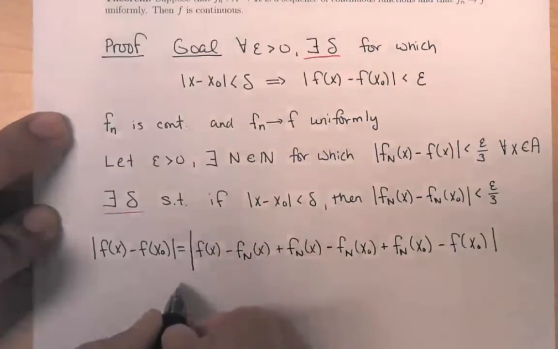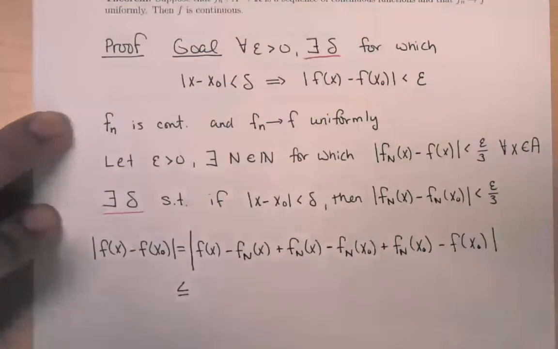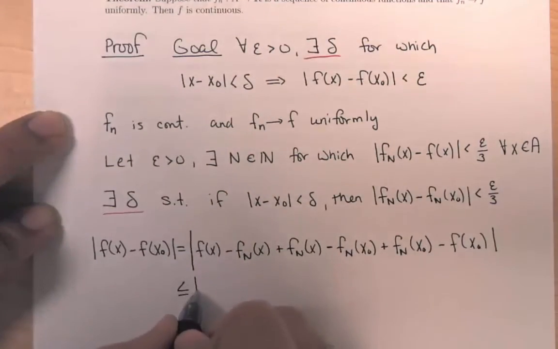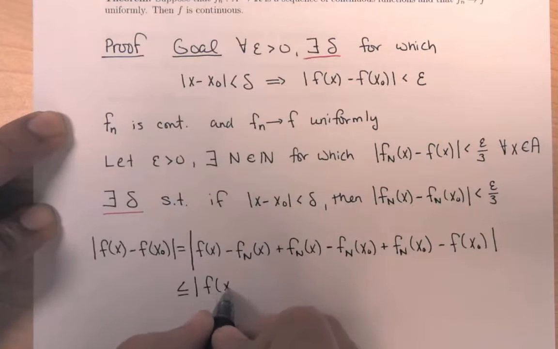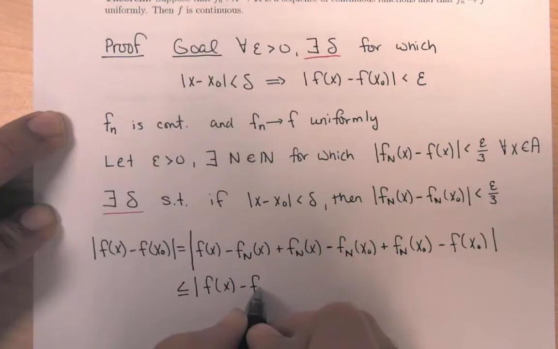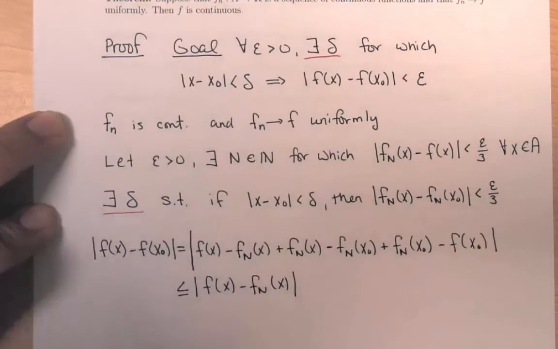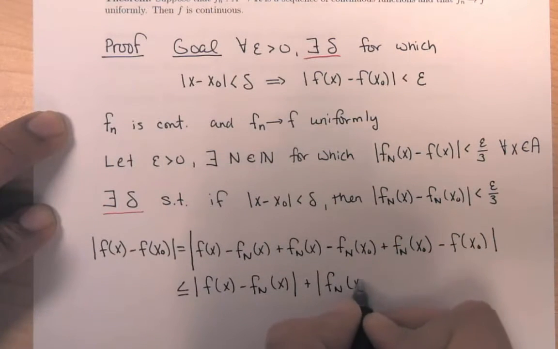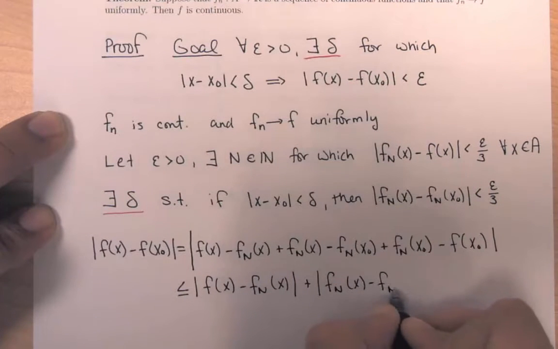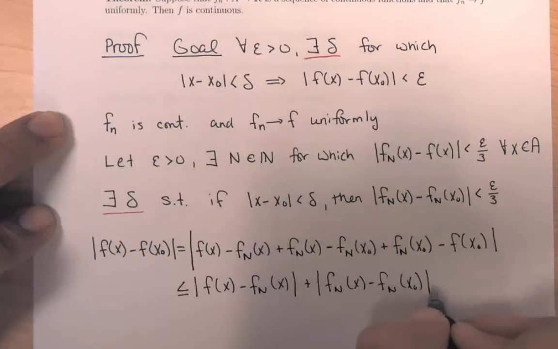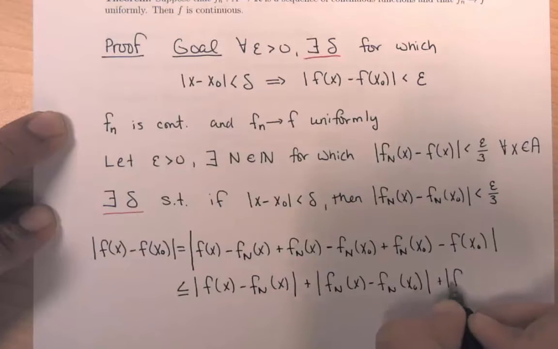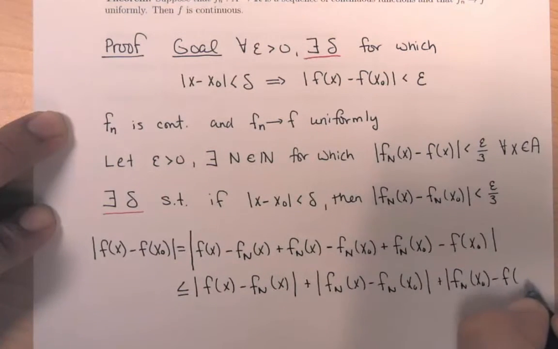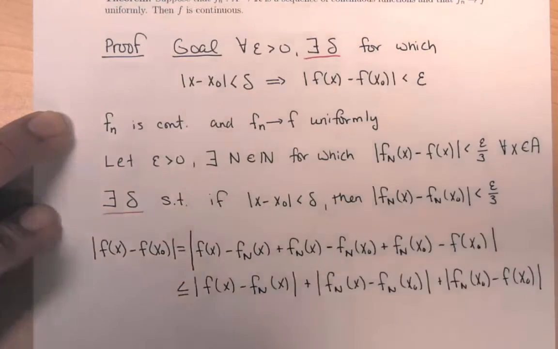Now, by the power invested in me, by the triangle inequality, this is less than or equal to |f of x minus fn of x| plus |fn of x minus fn of x naught| plus |fn of x naught minus f of x naught|.